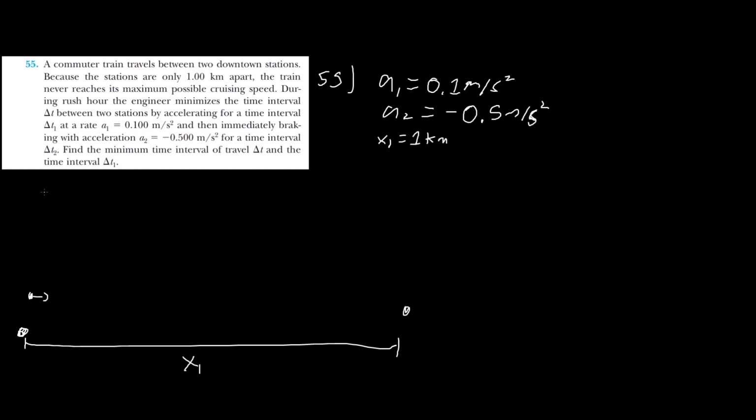I'm going to set up my graph here. In fact, I'm going to extend this a little bit. This is going to be the t-axis, and this is going to be the x-axis. So what this graph is going to look like is you're going to have a train that's going to start from rest. It's going to accelerate, and then once it accelerates, you're going to slow down.